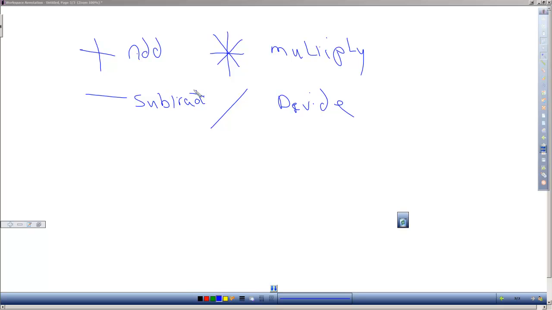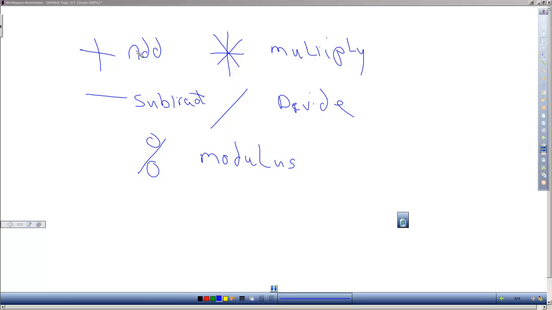Now, there's another math operator that we use frequently, and that is the percent sign, and the percent sign is called the modulus, or the modulo operator. Now, it does something a little bit different than what you are used to, and may be new to you. The add, subtract, multiply, and divide functions work with both integer numbers and with floating point numbers.